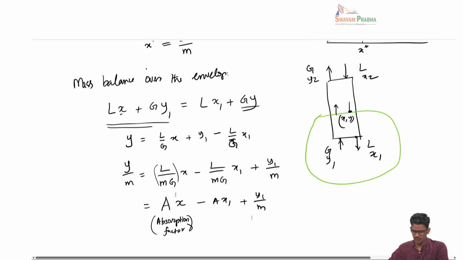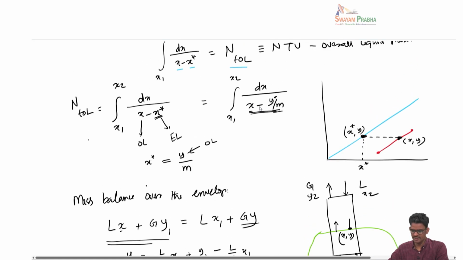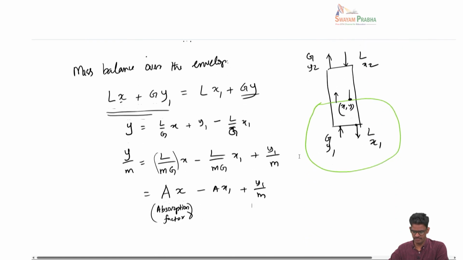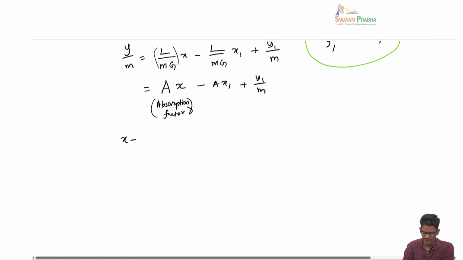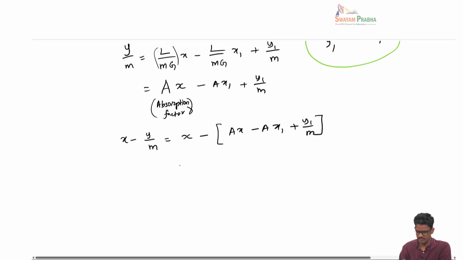So now I am going to use this y by m term to calculate the driving force, x minus y by m. So the driving force is x minus y by m, which is nothing but x minus Ax minus Ax1 plus y1 by m.